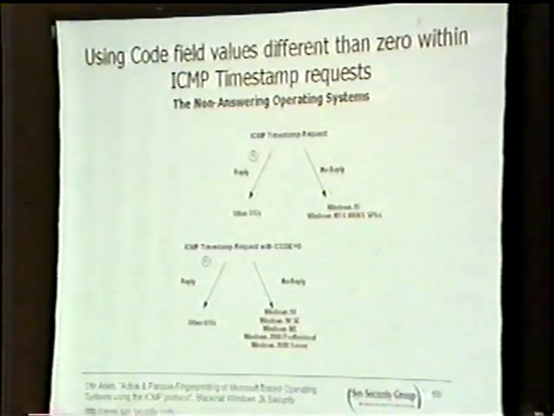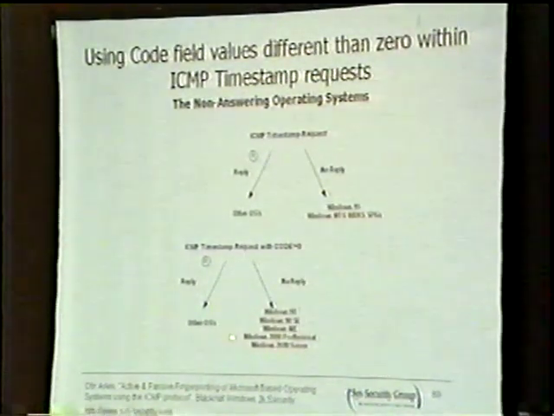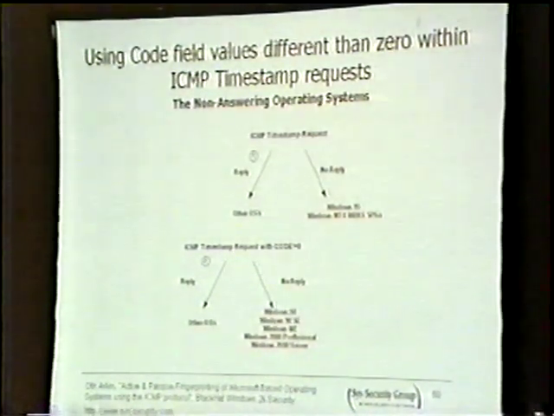Now, look at this. I will send a timestamp with a code field different than 0, and suddenly all those nice Windows boxes will not send me a reply. Does someone have an answer for that? Microsoft does not have one either. So I'm asking why this happens.